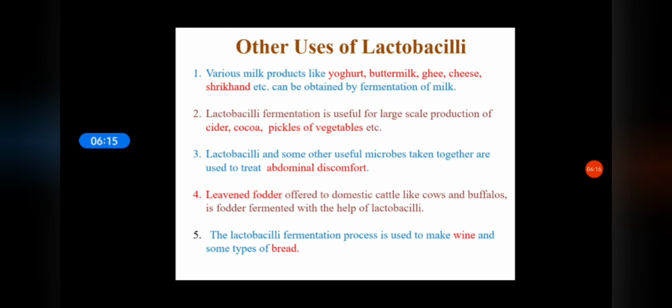Lactobacilli and some other useful microbes taken together are used to treat abdominal discomfort, which we have already learned. Also, lactobacilli are involved in the production of leaven fodder, which is offered to domestic cattle like cows and buffaloes. Leaven fodder means fermented fodder, and fodder means food of cattle. Again, the lactobacilli fermentation process is used to make wine and some types of bread.